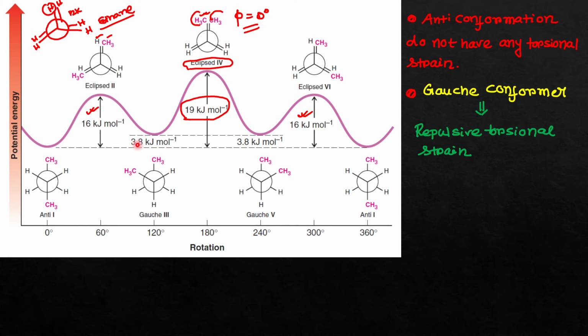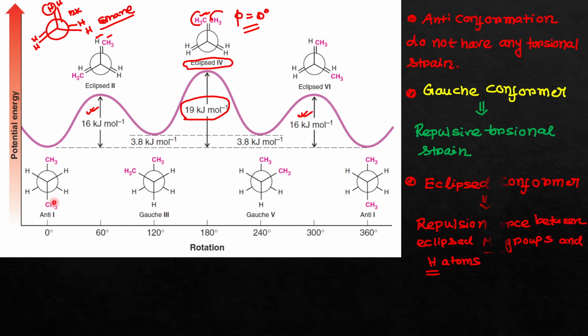So that's why it has 3.8 kilojoules per mole greater energy than the anti-conformer, and the eclipsed conformers have huge repulsion between the eclipsed methyl groups and hydrogen atom.